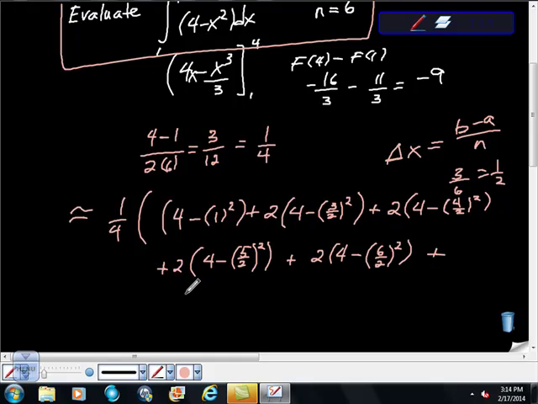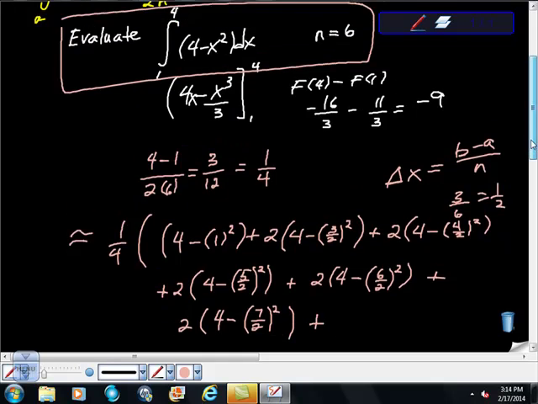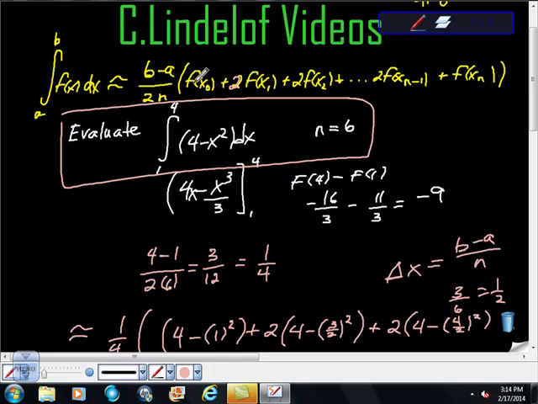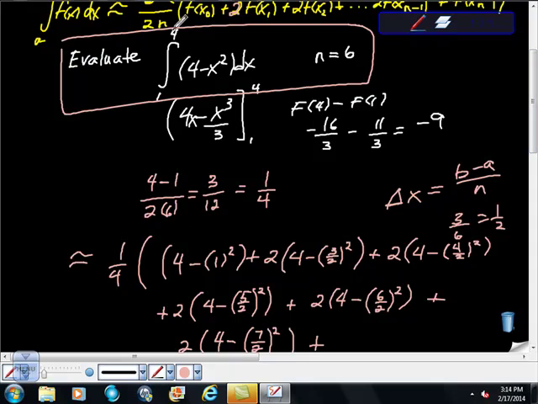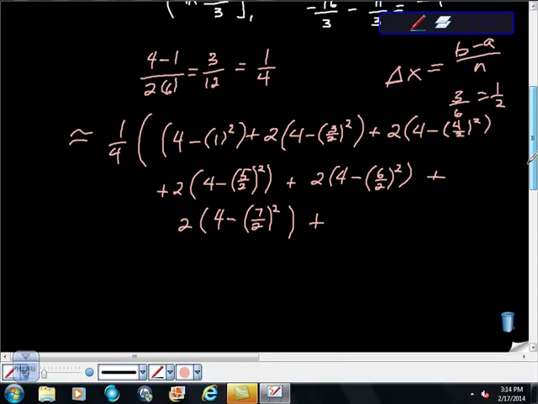Plus 2 times 4 minus 6/2 plus 1/2 is 7/2 squared. Now look, when we get to the very last one, remember, there's no 2. The first one doesn't have a 2, and the last one doesn't have a 2. And 7/2 plus 1/2 is 8/2, and 8/2 is 4. And if you look, our upper boundary is 4, so that's where we are. So we'll just have 4 minus 8/2 squared.